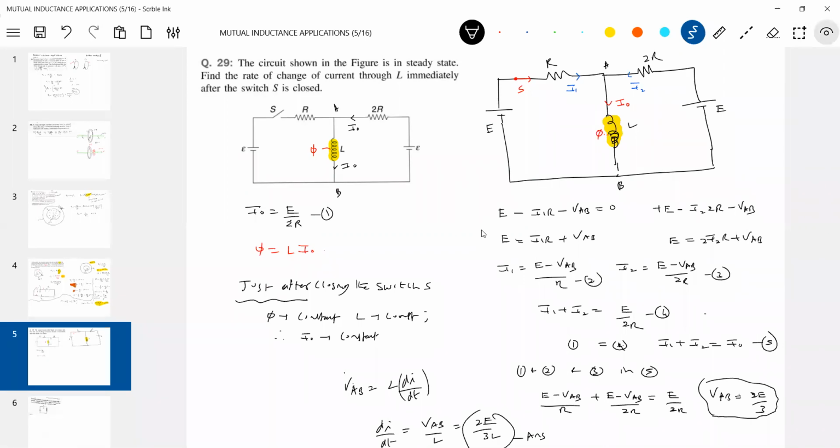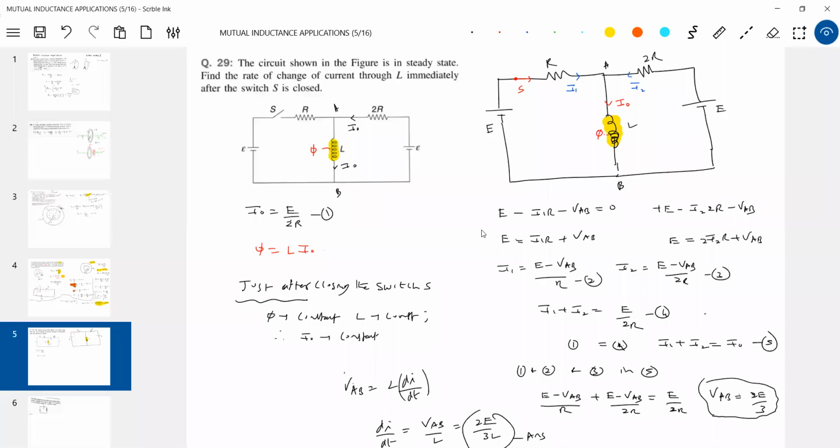The biggest question for students is, sir, you are asking di by dt and again you are writing I naught. I think this is very troublesome. Immediately after the switch S is closed, the moment I close the switch, it will be I naught only, and it starts increasing from I naught. That variation is what I'm asking. Able to understand?